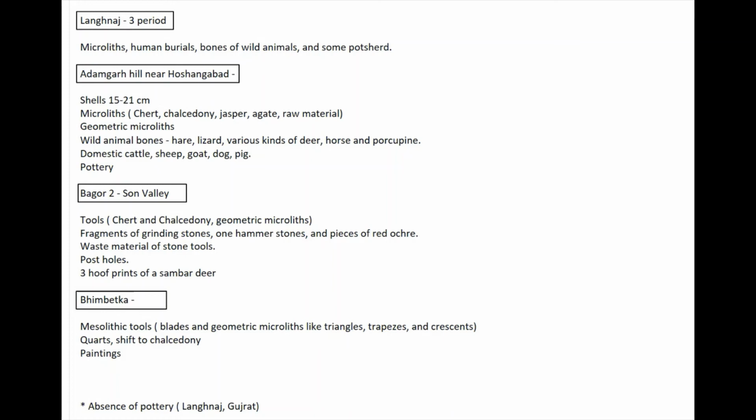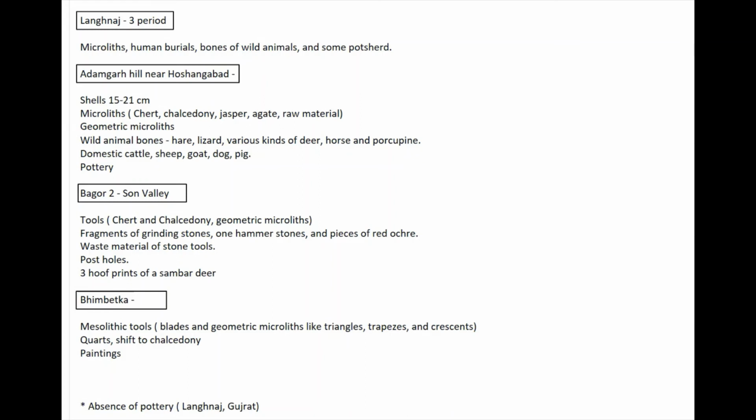Archaeologists define through the post holes what kind of construction or building there used to be. So that's it. If you don't understand, do mention in the comments below, I'll explain it again.